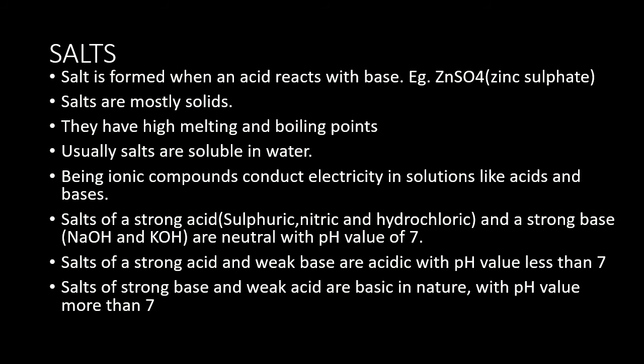It will give a pH value less than 7. Salts of a strong base and a weak acid will be predominated by the base. So that will show the basic character, and its pH value will be more than 7.